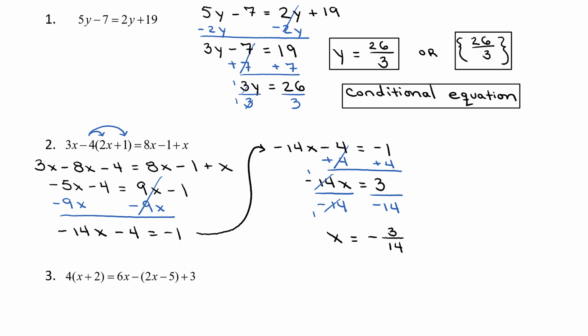So I can write it this way as x equals negative 3/4, and I'm going to box that in, or I can also write it as a solution set. And I'm going to open up a set of braces. Inside the braces, I'm going to write negative 3/4, and I'm going to close the braces. And I'm also going to box this in.